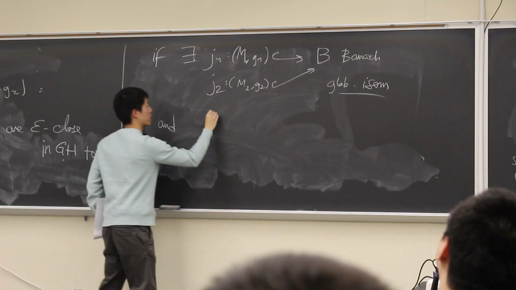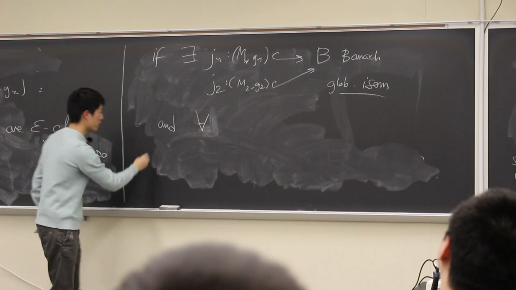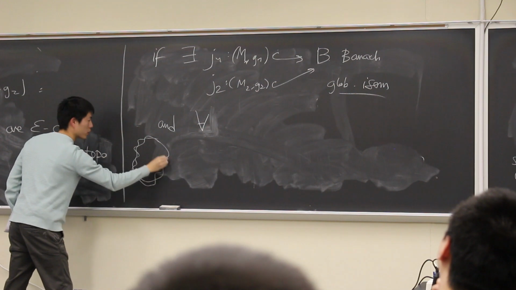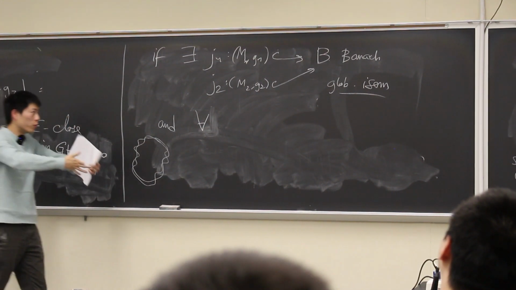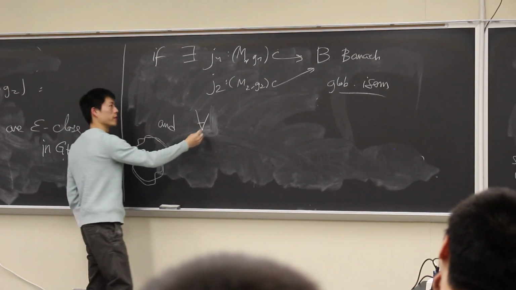That just means that the images are really visually close to each other, right? So you put your two manifolds into one ambient space, and then in this ambient space you can talk about distances.